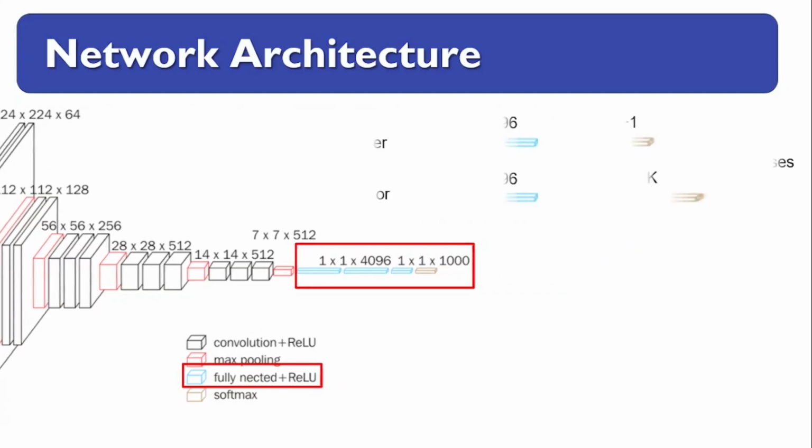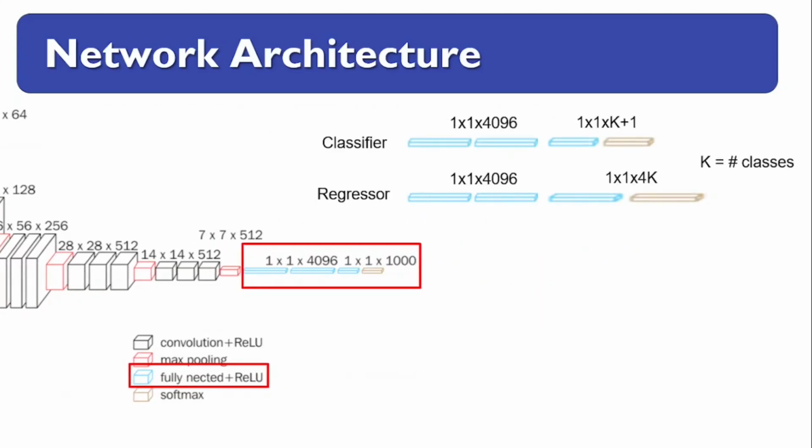That is, in the classifier, we replace this last fully connected and softmax layer, which was trained for 1000 ImageNet classes, with a new fully connected and softmax layer containing k+1 nodes. And in the regressor, we replace it with a new fully connected layer containing 4k nodes, where k is the number of classes with which we want to train this detector.